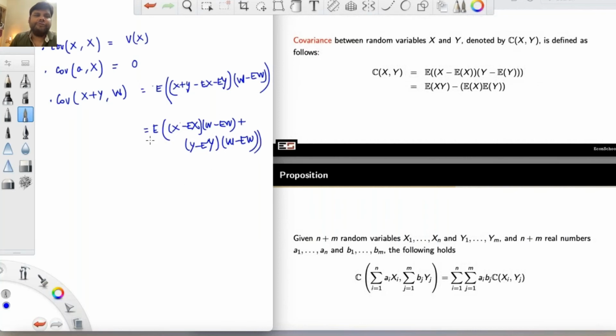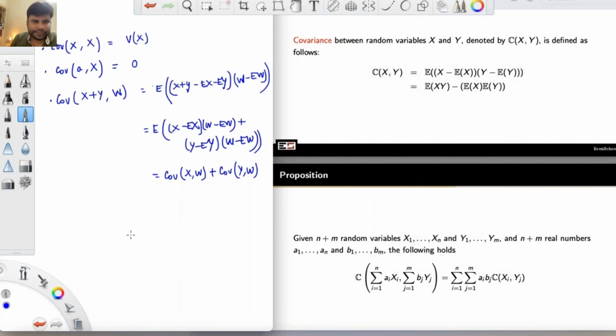Then you can use linearity of expectation. So the expectation of this plus the expectation of this gives exactly this term. The expectation of this is the covariance between X and W, and the expectation of this is the covariance between Y and W. So the covariance of X plus Y and W is the covariance of XW plus the covariance of YW.